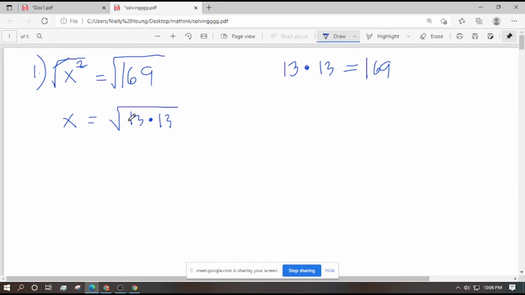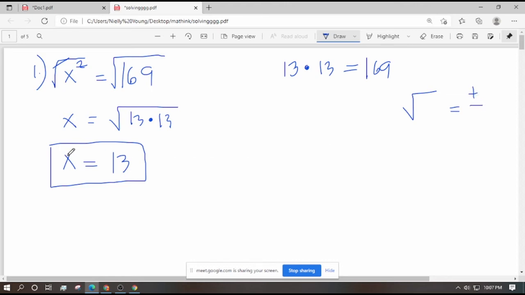Since they are the same number, make it just one number, 13. And then the square root is gone, because there are two numbers of 13 and the square root has a 2. So make it one, then cancel the square root. The answer for number 1 is x is equal to 13. And when you take the square root of a number, it has a positive and negative value.